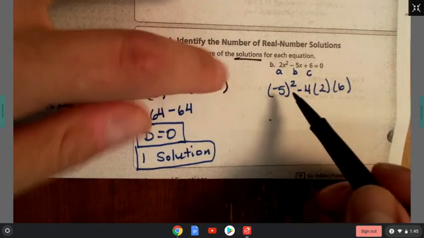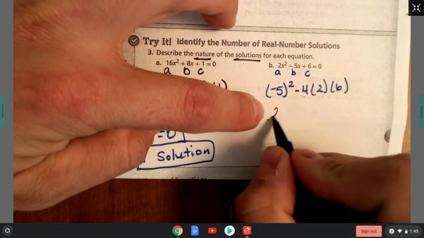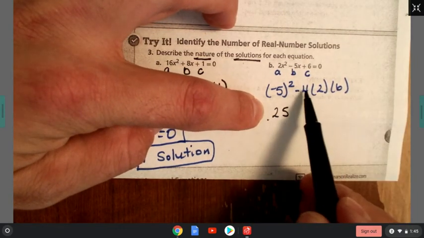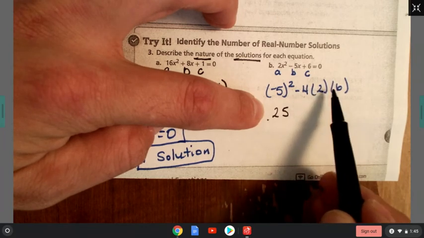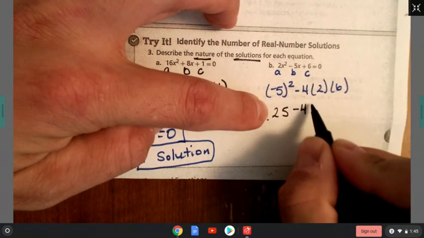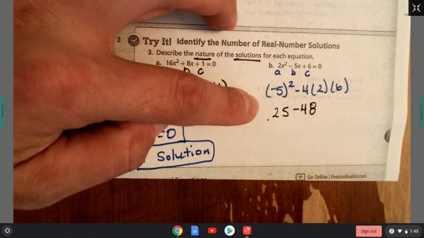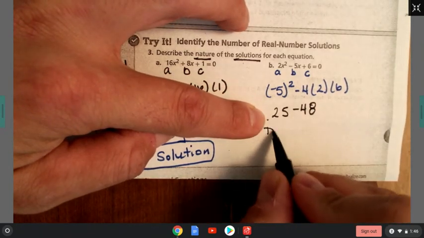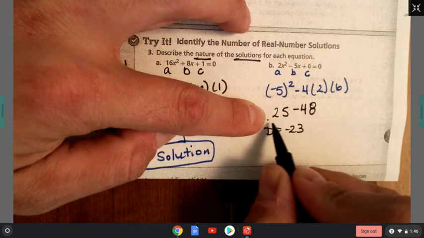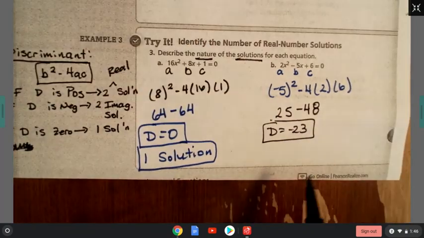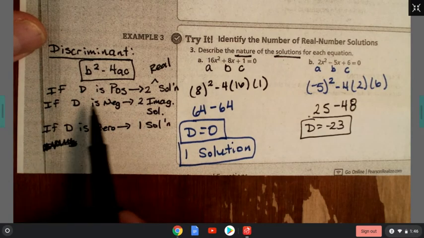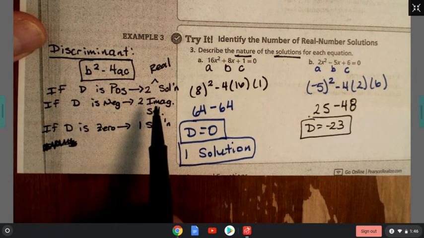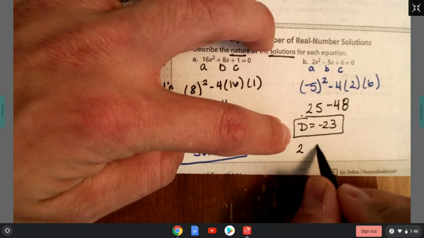We do exponents first. So negative 5 squared is 25. Negative 4 times 2 is negative 8. Negative 8 times 6 is negative 48. 25 minus 48 is negative 23. So we got a discriminant that is negative. If the discriminant is negative, that means we're going to have two imaginary solutions.